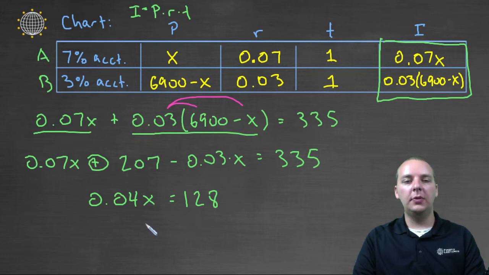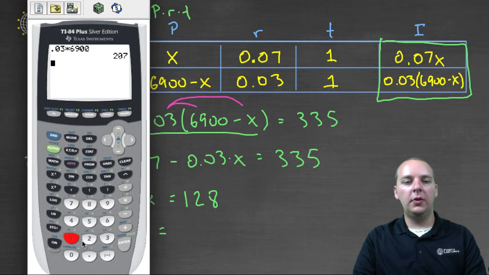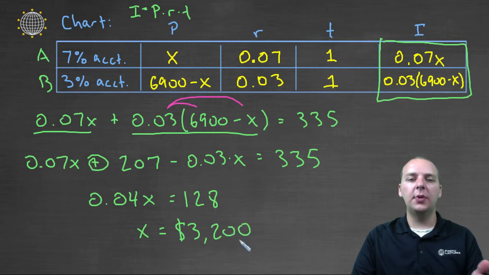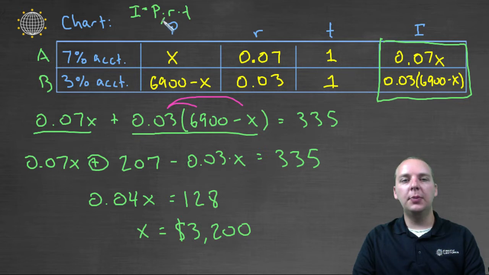We'll divide both sides by 0.04. 128 divided by 0.04, and we'll get 3,200. So this is $3,200. But what does x represent? What is x? Look back at your table. X was the principal. That was the amount that we invested in the 7% account. So that's good to know.